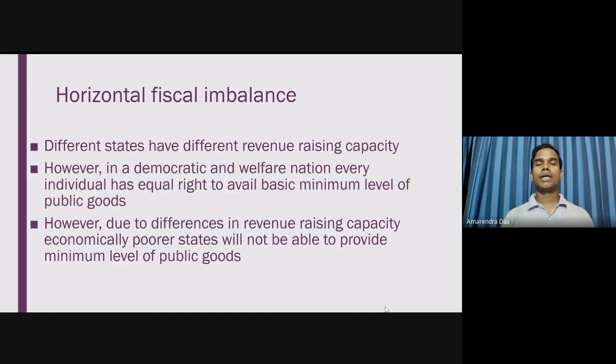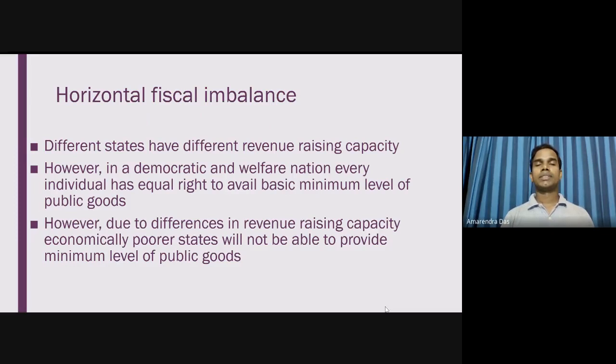The reason could be that some states have more organized sector like manufacturing sector or service sector, but on the other hand, other states have less organized sector. So the states that have more organized sector or a manufacturing base would be able to raise more revenue. But on the other hand, the states that are primary in nature, that means the states which are more agrarian in nature would be able to mobilize less revenue.